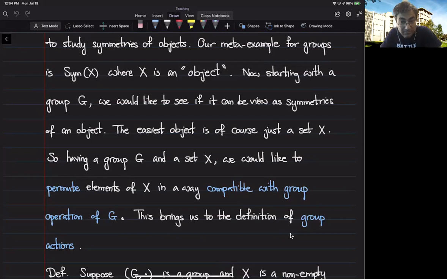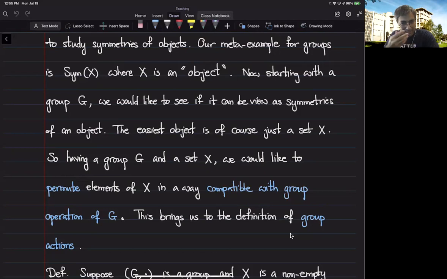Do not move anything. Then what? Can I still understand G as certain permutations to be compatible with the group operation? One way of formulating this compatible with group operation is, of course, asking whether or not we have a group homomorphism from G to the symmetric group of the set X.